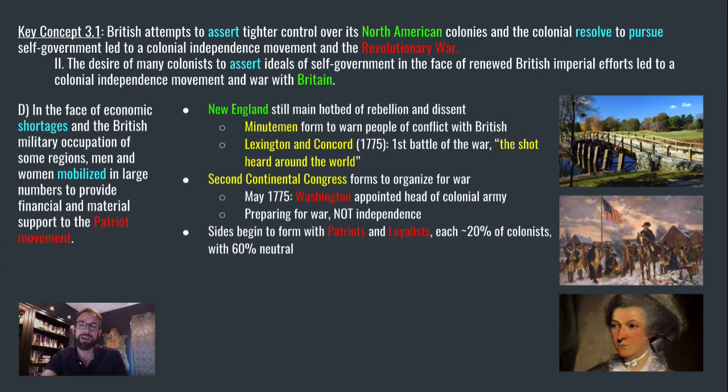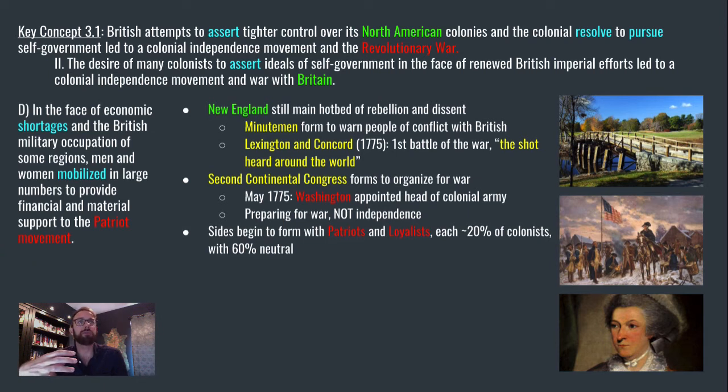Some statistics there. At the very beginning, around 1775, about 20% supported each side, and 60% of Americans at the time were neutral. I like to think of it this way. Most people in America at the time were small farmers. They didn't have some vested interest in a revolution or in British control. So they said to themselves, okay, there's this movement going on.